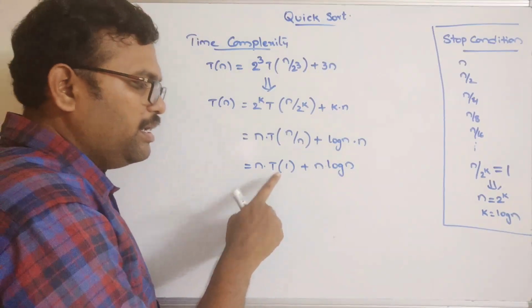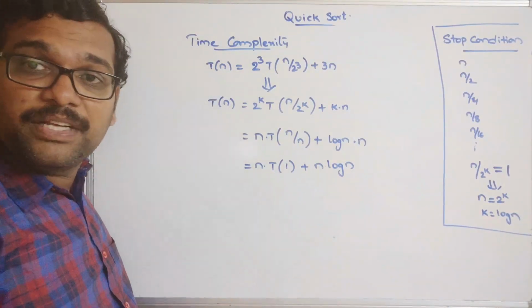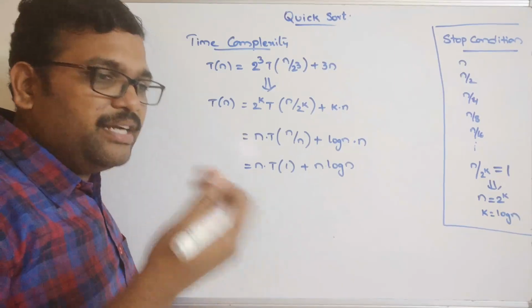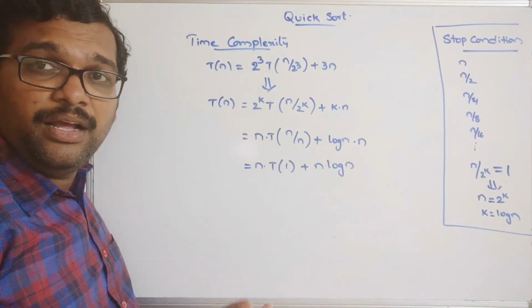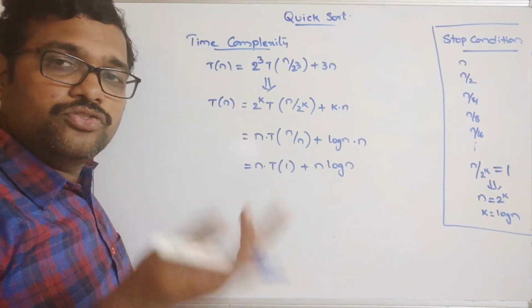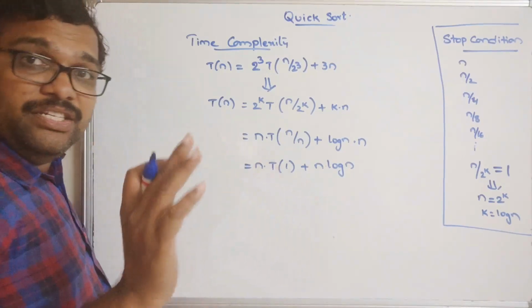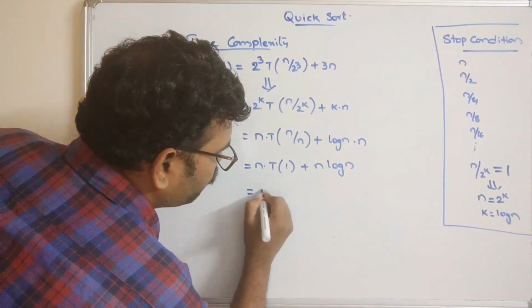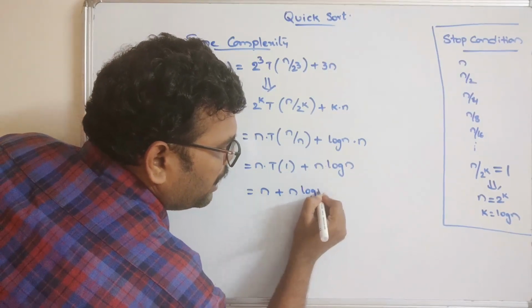If there is only one element, we need not do all the procedure, and the complexity will be 1, because the element itself is in sorted order as we do not have more elements. So there are no comparisons. So obviously this becomes 1, so n plus n log n.